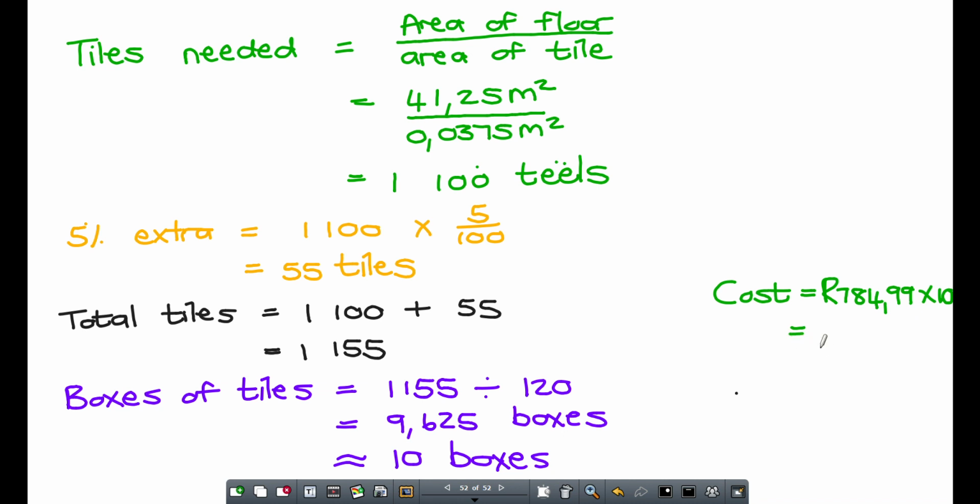Wat beteken 7,849.9. That's it. So the total cost would then be R7,849.90. Julle reg? Any questions? So hier was nogals redelik stappe, né? So jy moet net mooi kop hou.